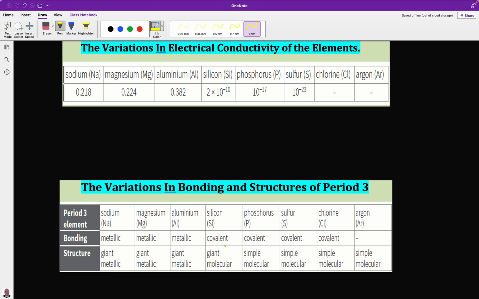Silicon we have giant molecular. Then phosphorus, sulfur, and chlorine are all simple molecular structures. Argon is still a simple molecular structure, just that it is a gas, also held by weak van der Waals forces. Chlorine and argon are gases.